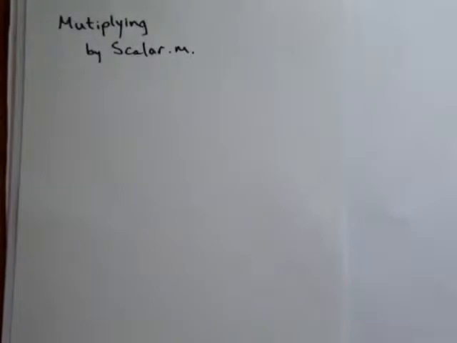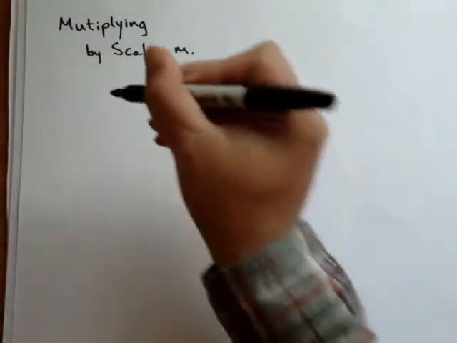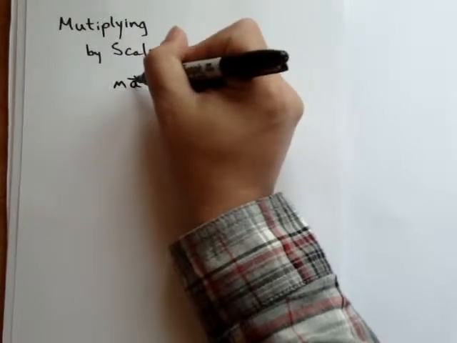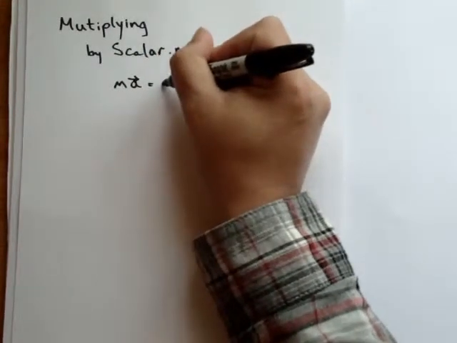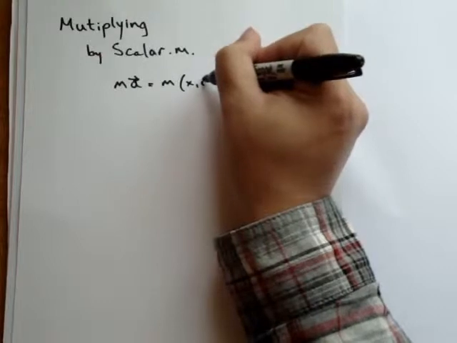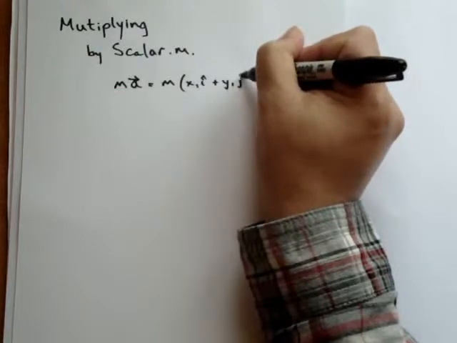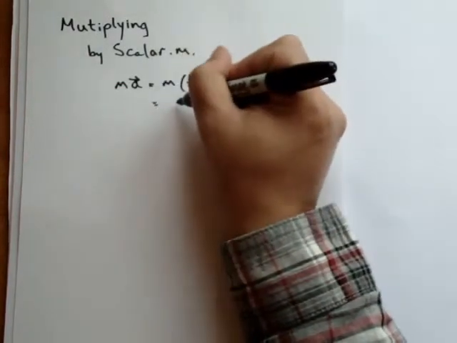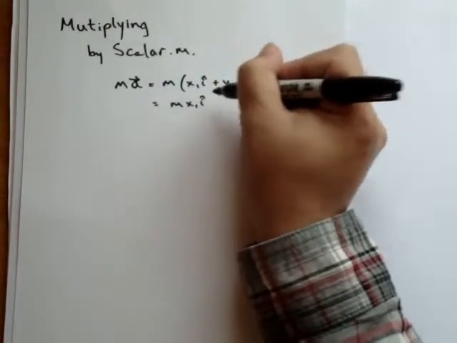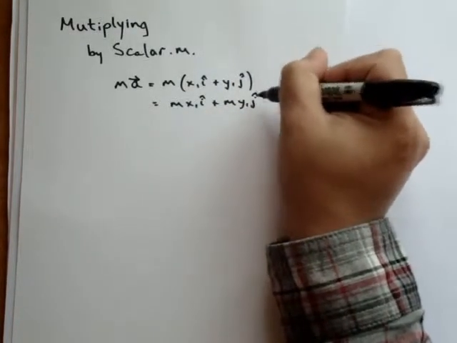Okay, if we go on to multiplying by a scalar, say the scalar quantity was m, so our mA, we multiply the scalar by x1 i plus y1 j, and this is nothing but m x1 i plus m y1 j.